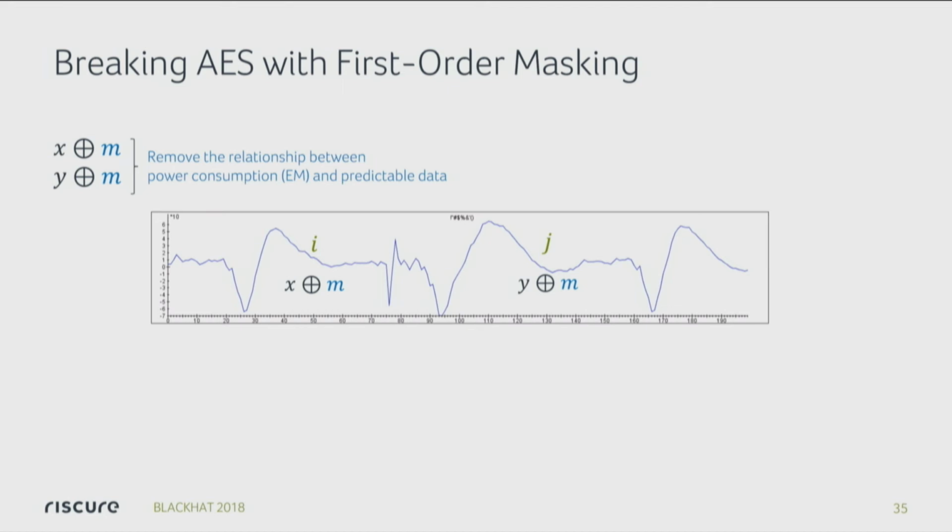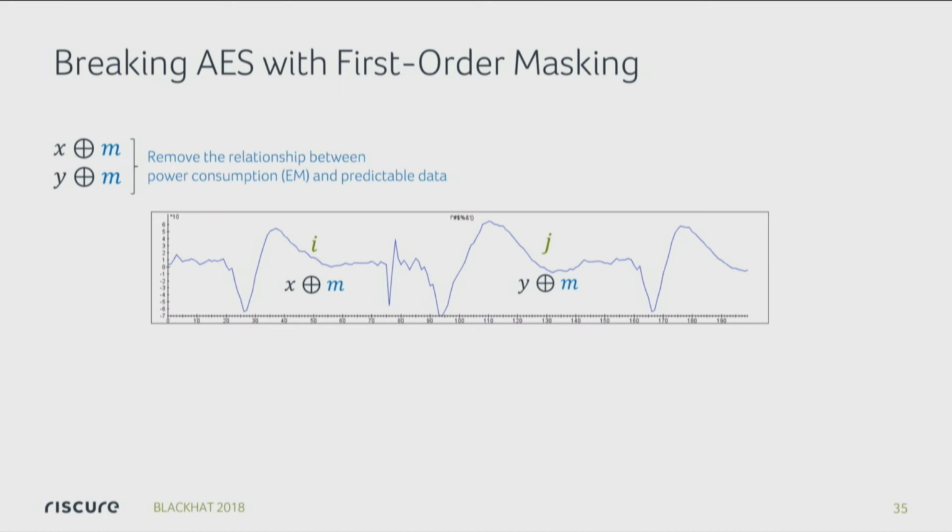Because this mask is supposed to be random every time you invoke, as an attacker you cannot predict anymore what S0 is, because it's just masked by this random thing that you will never see.